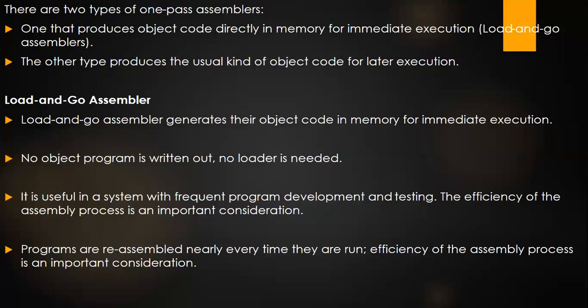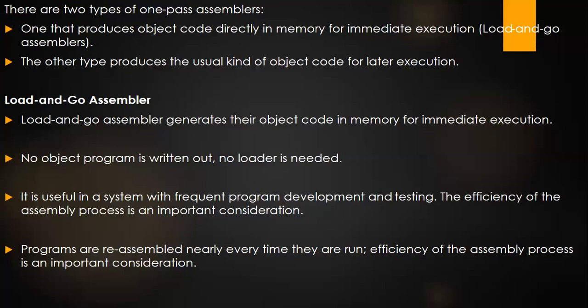That is how we write the object code to the main memory, and later it is loaded from there; such a principle is not included here. Wherever the program is stored, there itself we generate the object code and it is directly loaded for execution.